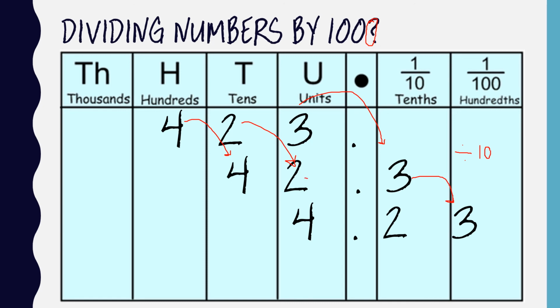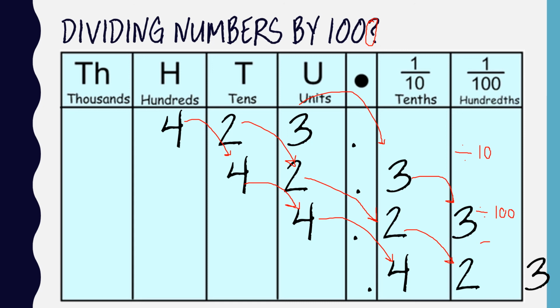Another place to the right. And another place to the right. We've shared by 100. And then finally the third move. Move to the right. Move to the right. Move to the right. We've shared by 1,000. We've done 3 shuffles. But we've now got a problem. We've got nothing in our ones column. We need to hold that place.